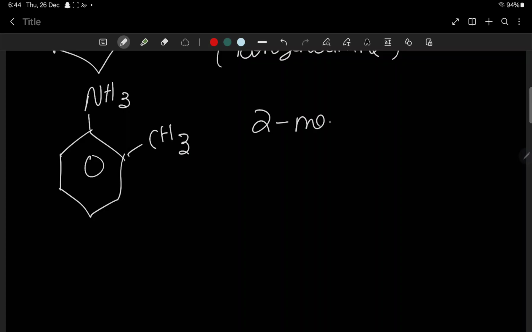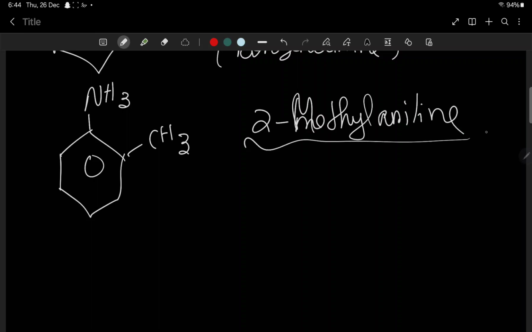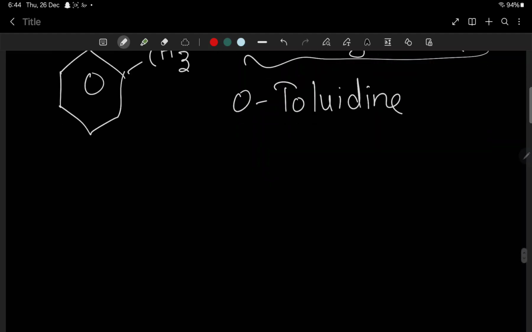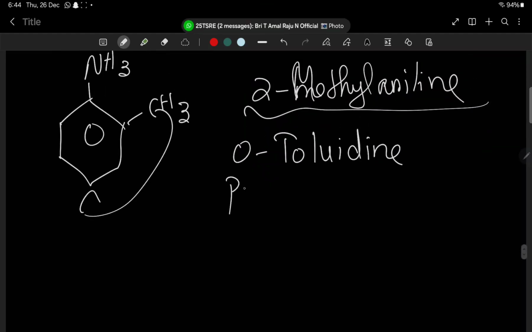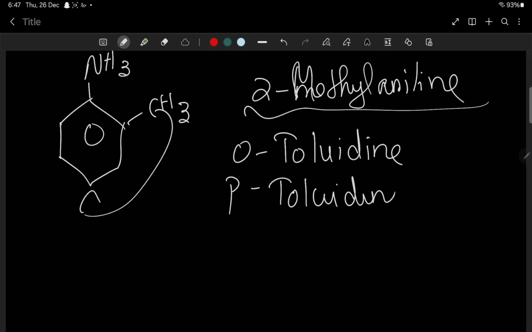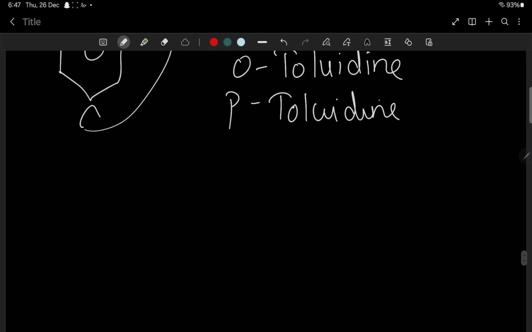So the IUPAC name is 2-methyl aniline. Its common name is o-toluidine, orthotoluidine. Now if it is the para position, we call it para-toluidine. So that is it.